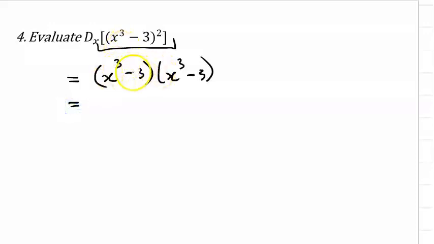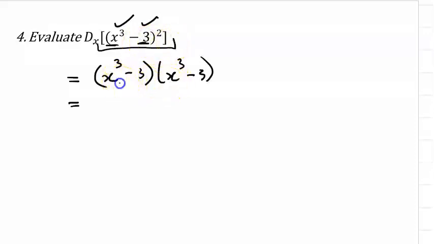Now there's two ways to do this. We can use the rules: square the first term, take the first term times the second term times 2, and then square the last term. Or you can just expand and do it like this.